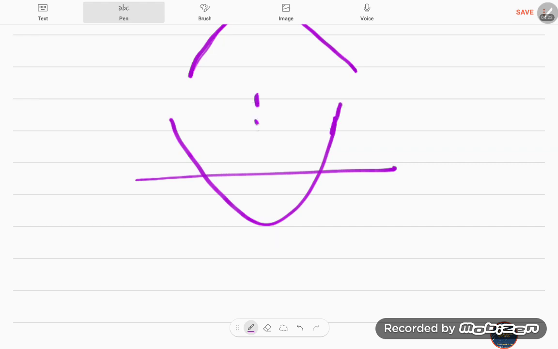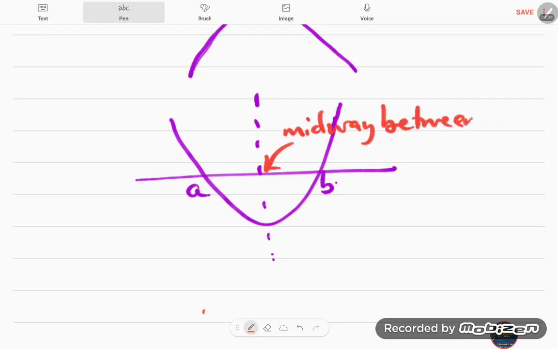Which means that if I have A and B, then this point is going to be midway between A and B. So you can find it by saying, I know where it's cutting at A and where it's cutting at B, so that point occurs at A plus B divided by 2, because that's how we find the midpoint between two given numbers.